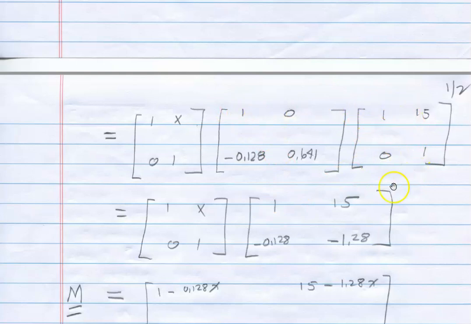This row times this column, I get 15, so that one's easy. This row times this column, I just get this first element. And then the only one that really involves much calculation is this row times this column. But when I did that, I got minus 1.28. Pretty obviously, a program like MATLAB really excels in multiplying matrices like this.